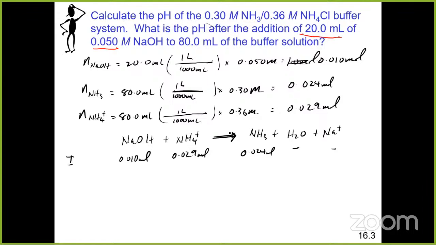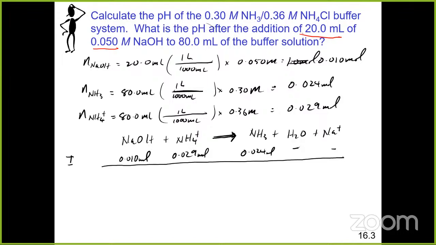Speaking of limiting reactants, based on the first line here, the initial values in this line right here, my question to you is, which of these two, the sodium hydroxide or the ammonium, is the limiting reactant? Let me try that again. 20 divided by 1,000 times 0.05.